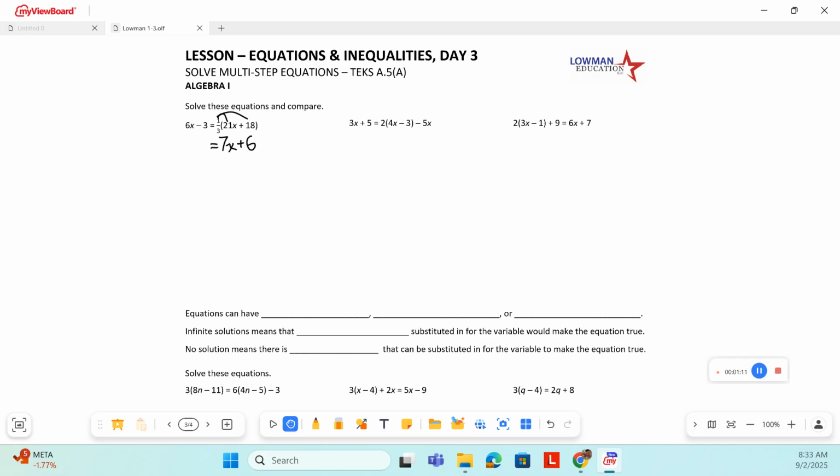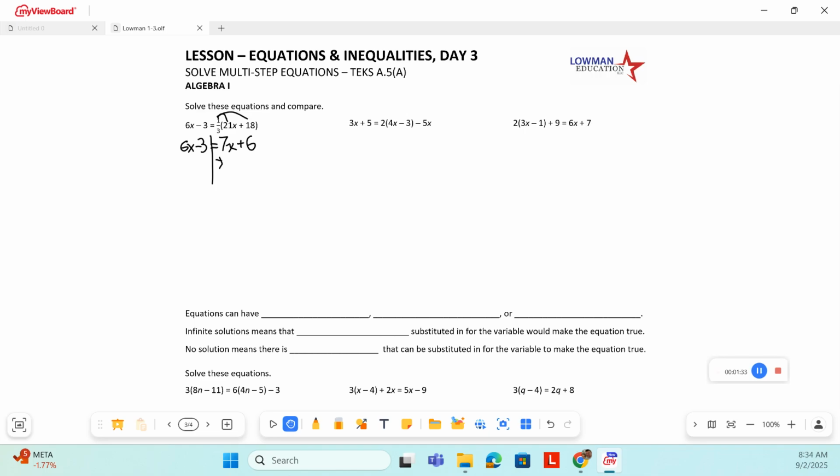And we can just copy the rest down. 6x minus 3 equals 7x plus 6. And going through our steps that we've been doing, we'll separate that. And then I'm going to move all my variable stuff over to the left, everything else to the right.